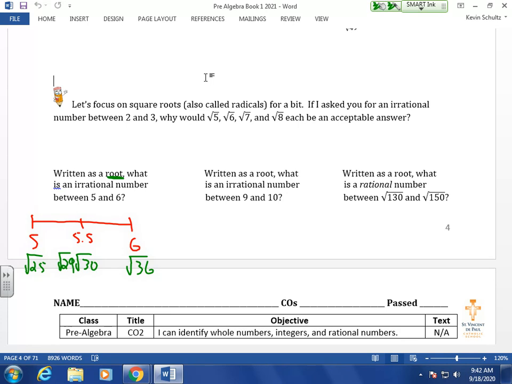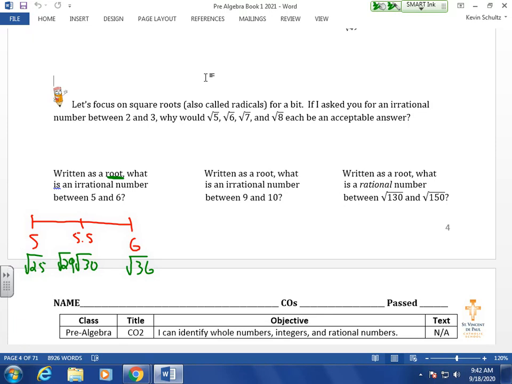How about root 28? Yeah? Root 27? Root 26? Root 31? Root 32? Root 33? Root 34? Root 35? The root of any number between 25 and 36 will have a value in between 5 and 6.